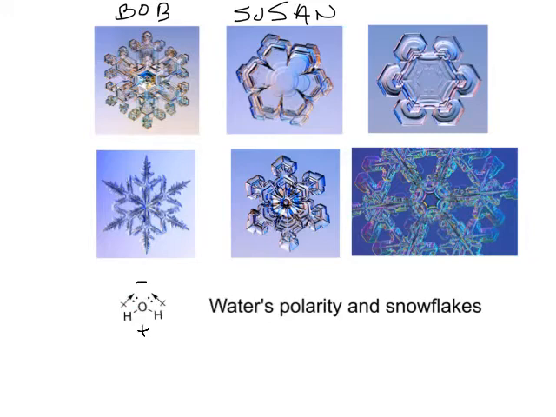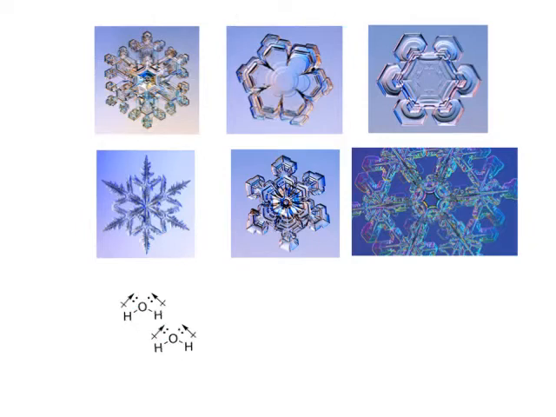And this means, since it has charges, it can form a crystal lattice similar to ionic structures. So if I add a second water molecule, it's going to want to line up next to its neighbor such that the negative oxygen is on the side with the positive hydrogen.